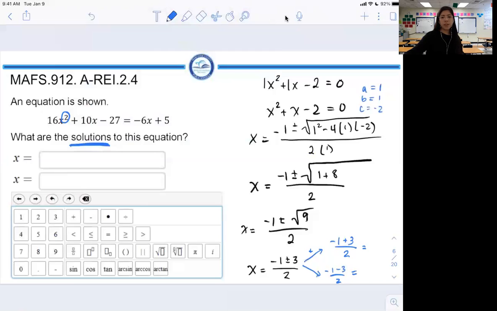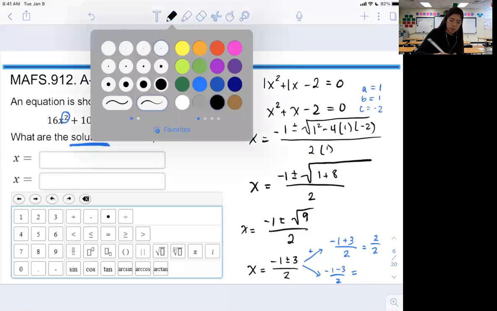Anyone? Not negative 4, we're adding. So negative 1 plus 3. 2. And then 2 divided by 2? 1. So one of my x's is 1.